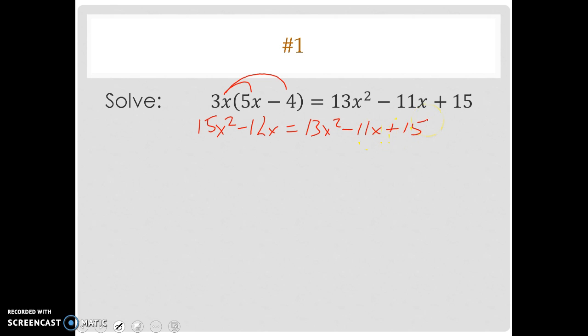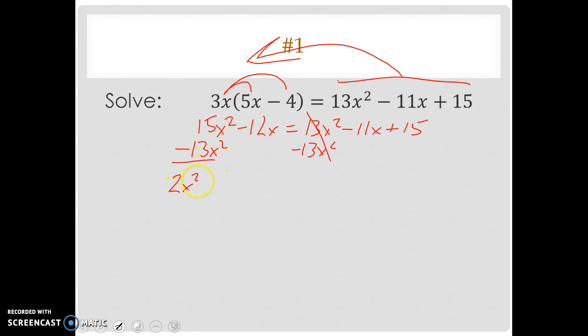So then what I want to do is get everything on one side, so this equation is just equal to 0. So I think what I'm going to do is move everything on the left-hand side over to the other side of the equation. So I'm going to start by subtracting 13x squared. If I do that, those are going to cancel out, but that means I'm going to have to subtract 13x squared from this side. 15x squared minus 13x squared is 2x squared.